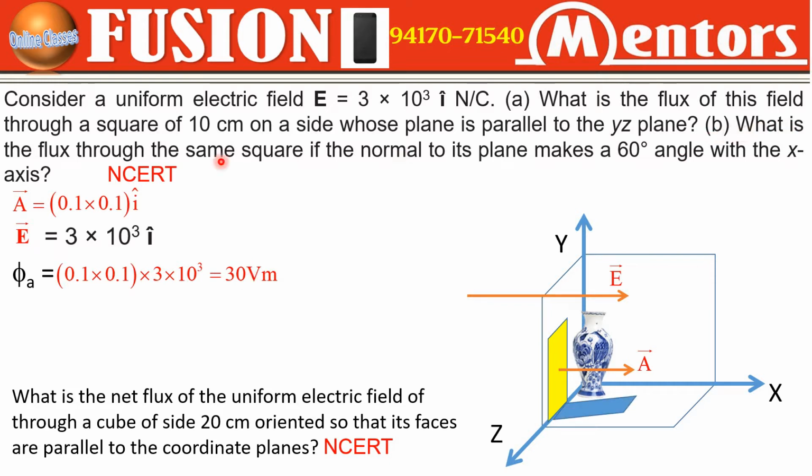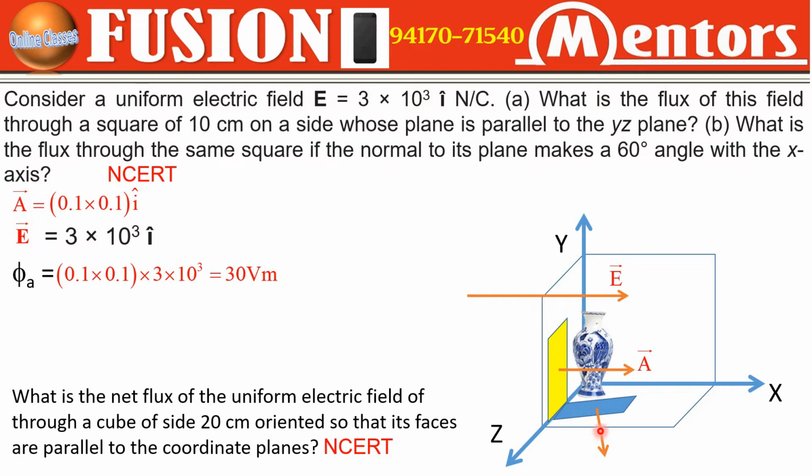Second part is what is the electric flux through the same square if the normal to its plane makes an angle of 60 degree with x-axis. So I have drawn another square. Its area vector is pointing downwards, not exactly downwards, but at some angle.